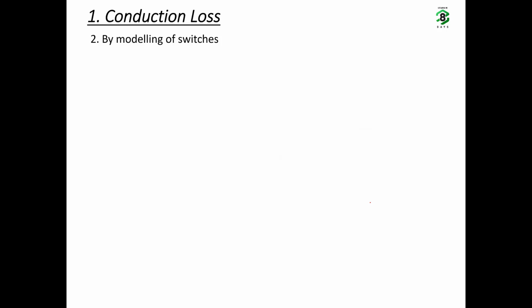Now move to the second method. In the second method, how do we calculate? It is saying that by modeling of the switches. It means that whatever the switch is, we have to model it as an equivalent voltage or resistance or any other form easily, so that we can easily calculate the losses. For example, as I told you, the power we can write as 1 by T integration of v i dt.